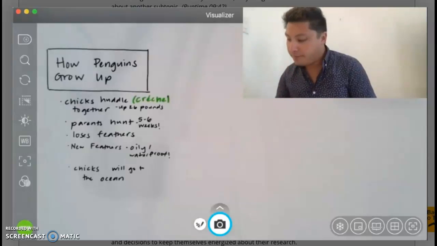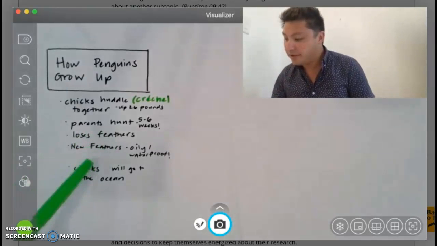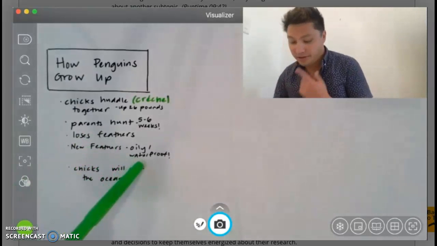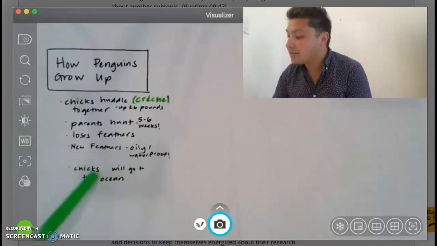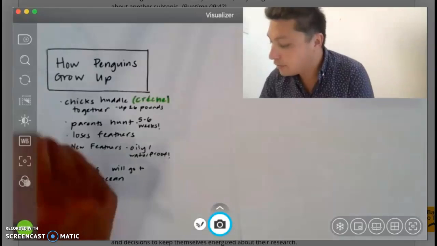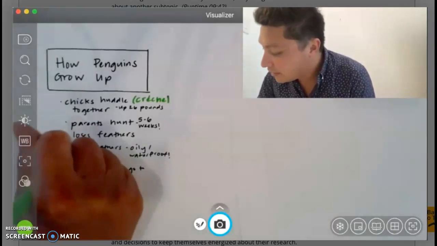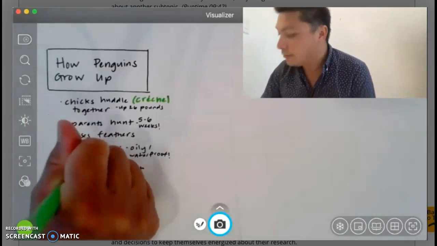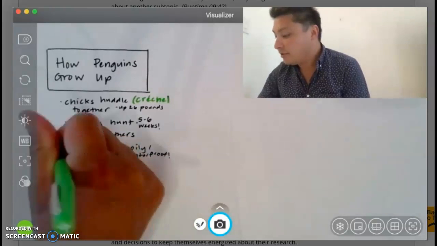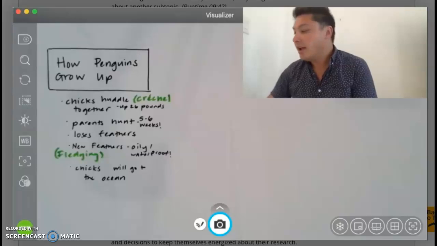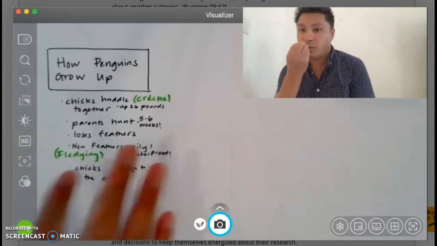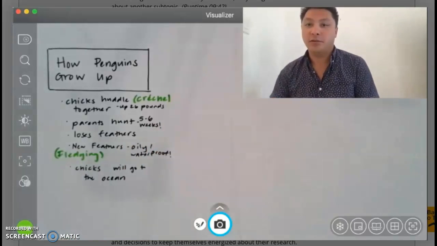Or parents hunting, losing feathers, new feathers, oily, waterproof. Oh, I remember that this whole process of them getting new feathers was called fledging. So I could write that into my notes. So researchers, do you see how I'm using the vocabulary that I know? And I'm trying to include them not just in the words that I'm saying, but also in my notes.